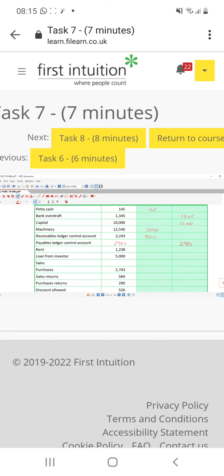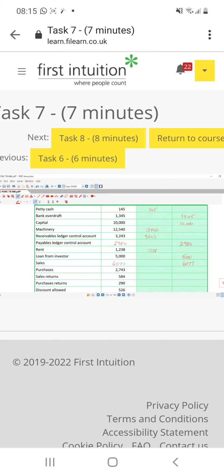But with our rent then, which is an expense, so will be a debit of 1238. Loan from an investor, again a liability, so it'll be 5,000 on the credit side. Our sales, which we said was 6077, so that sales is always a form of income, so it'll be on the credit side.